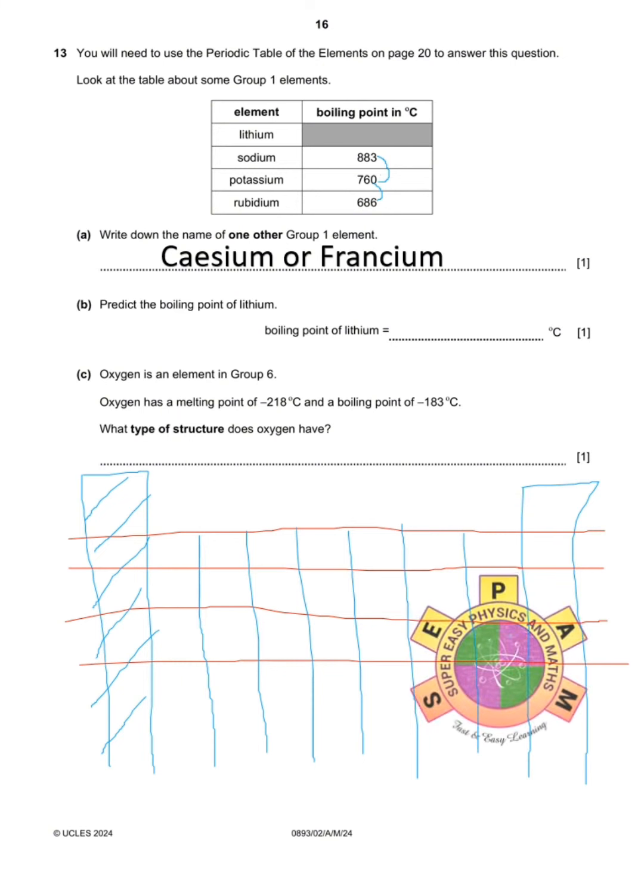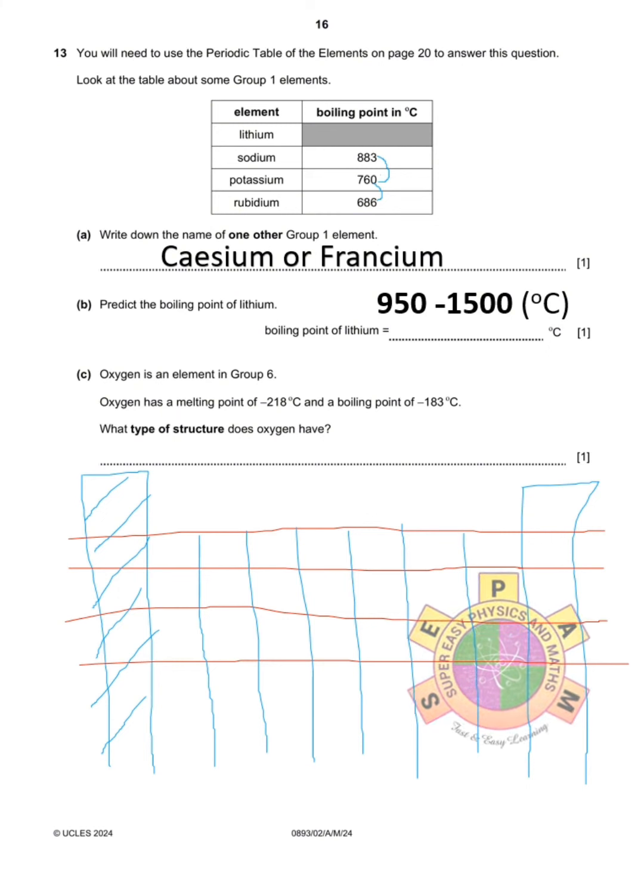So based on this trend, you can predict. Once you know the difference, subtract 760 from 883, then whatever you have, add it to 883 and it will give you the prediction. So anything from 950 to 1000 is correct.